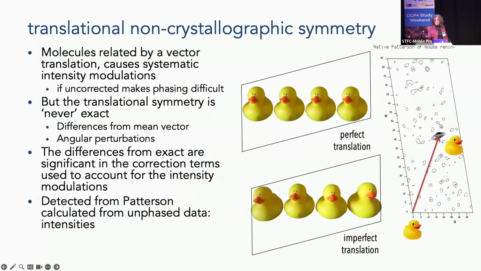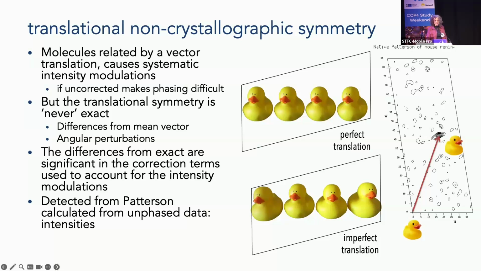Then there's the issue of translational non-crystallographic symmetry. So this is a special case of the way that the components are distributed within the asymmetric unit, where the molecules are related by a translation, and this causes systematic intensity modulations. And if these are not corrected for, then the molecular placement problem becomes much more difficult.